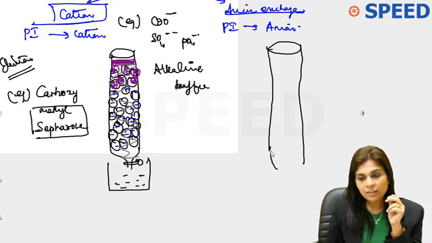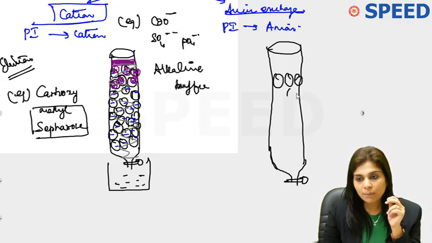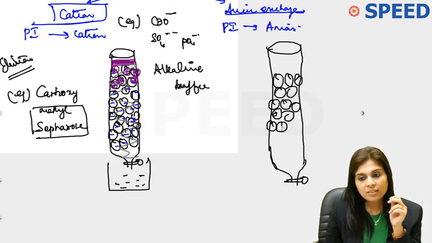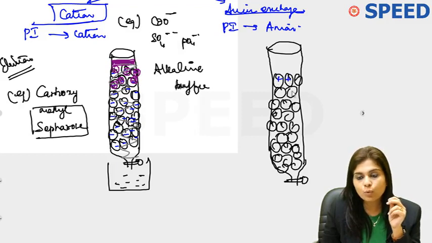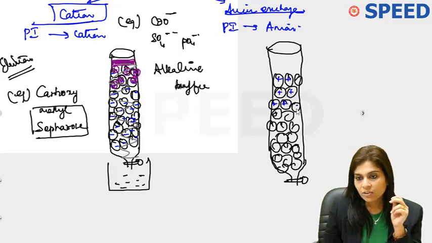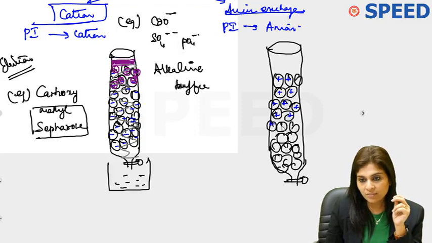So in anion exchange chromatography, as a stationary phase, you use a column which is filled with synthetic polymer beads which are covalently attached to positively charged groups. They should be attached to positively charged groups like quaternary ammonium groups. You know, quaternary ammonium groups are positively charged.